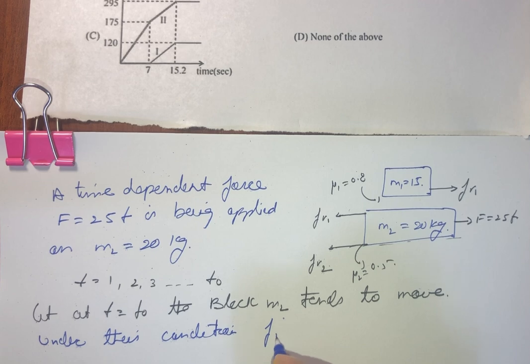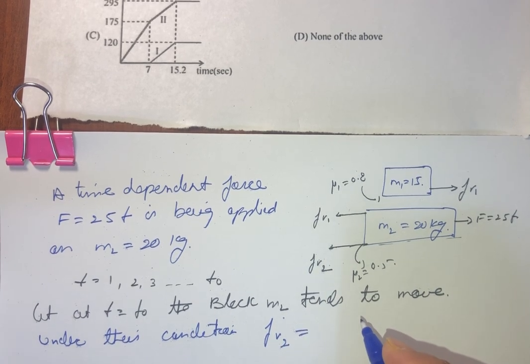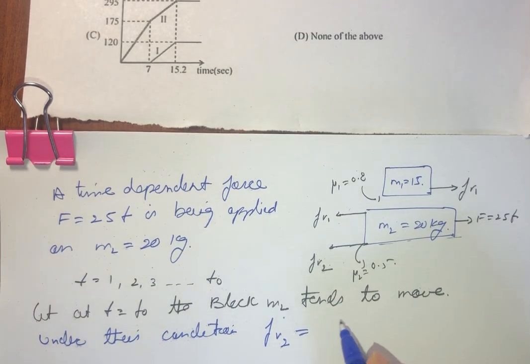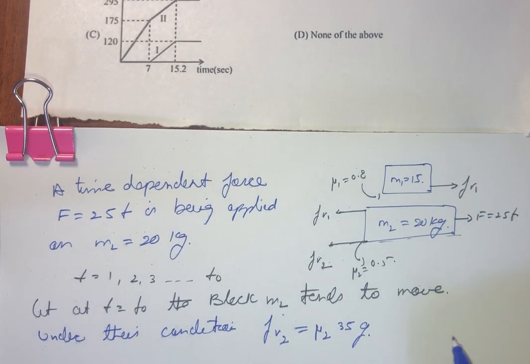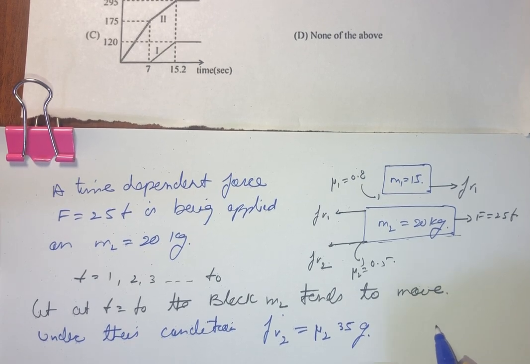So under this condition, we can say our value of FR2 will be nothing but equal to mu2 times 35 g. We have our two blocks like this, this is 15 and this is 20 kg. We are going to have a friction here, this is called FR2, and we have mu2 as 0.5.